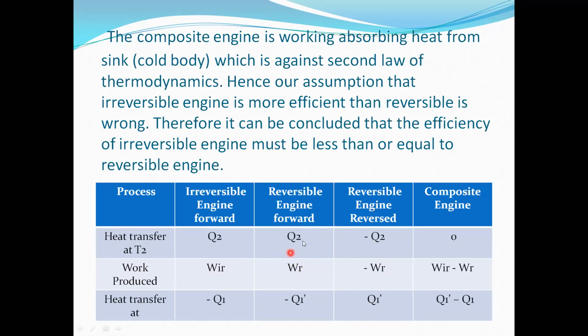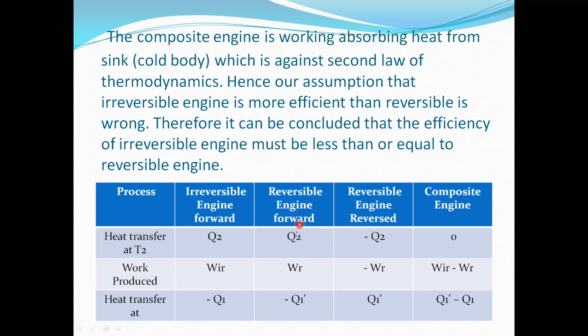Only we have to take the reverse. यानी अगर पॉजिटिव है तो नेगेटिव लेना है और अगर नेगेटिव है तो पॉजिटिव लेना है. Now what are the values of the reversible engine in reverse direction?